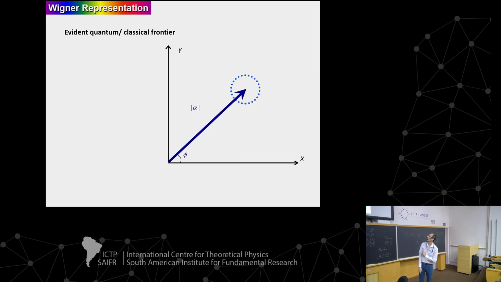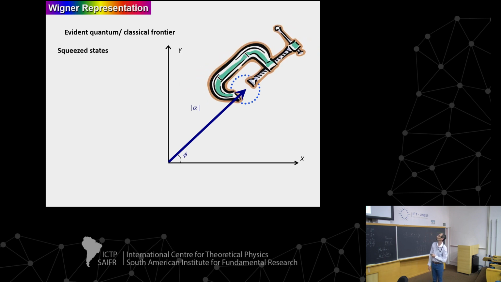So the final claim for the Wigner functions is that you have a quantum-classical frontier. This is your coherent state. I'm looking at just a Gaussian, cutting at half of the maximum, and then you have this circle for a coherent state, and for the squeezed state you compress the top of it.